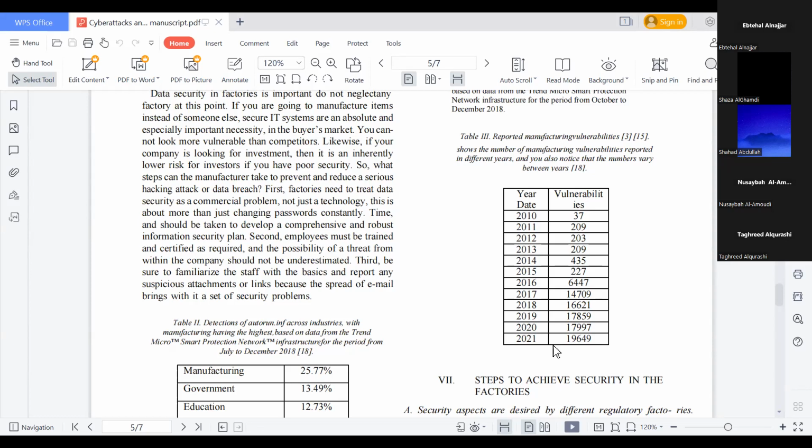The third step is to have the system examined and verified according to the requirements. And the last step is to continue keeping up the system according to the factory security policy. This is a quick overview about my research, and thank you.